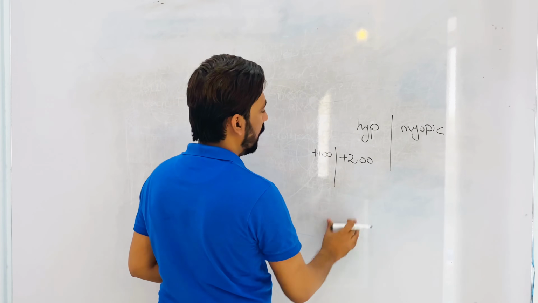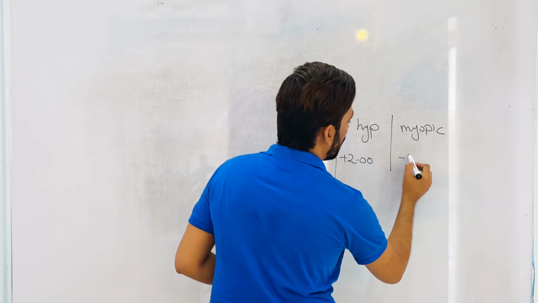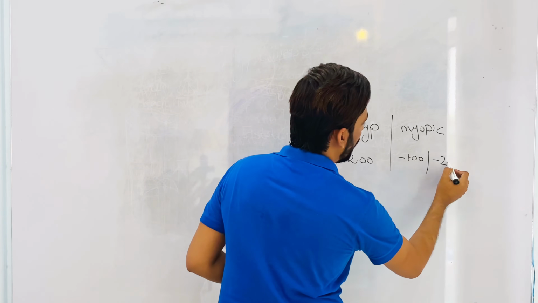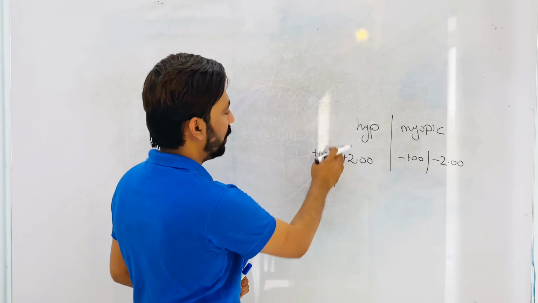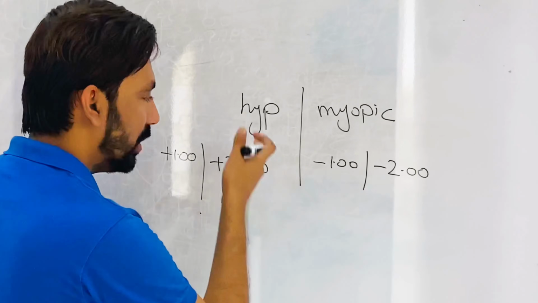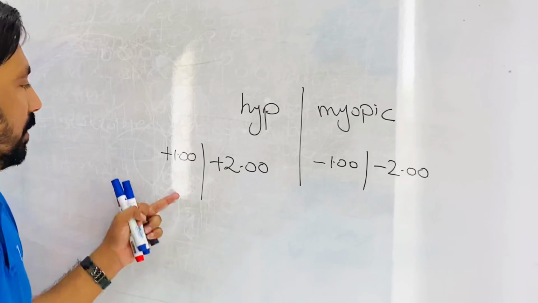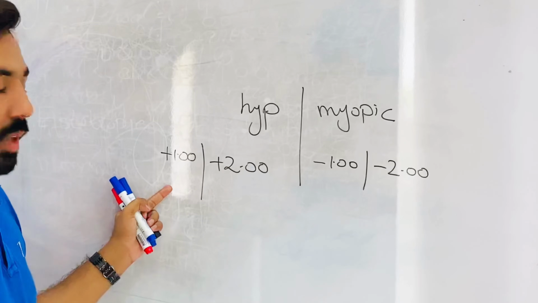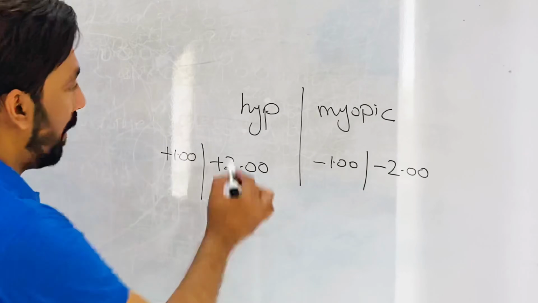And in myopia, a patient has -1 in the right eye and -2 in the left eye. Both are uncorrected. The hyperopic patient is not using glasses, and the myopic patient is also not using glasses. So which patient is under the threat of amblyopia, the hyperopic patient or the myopic patient? Remember, the hyperopic.